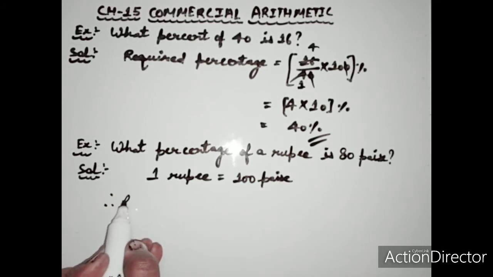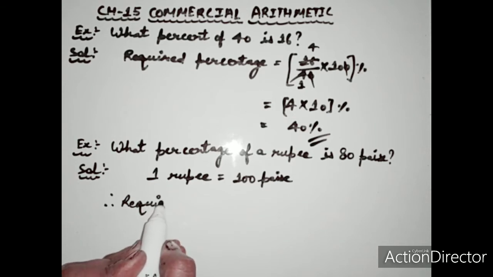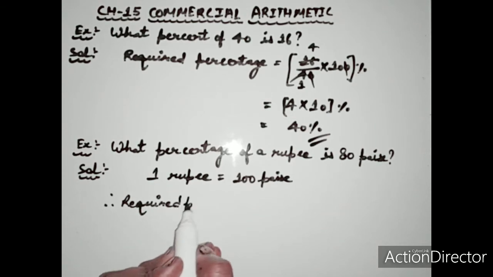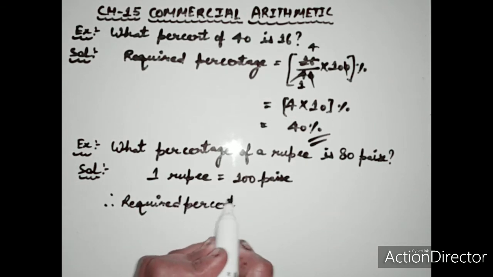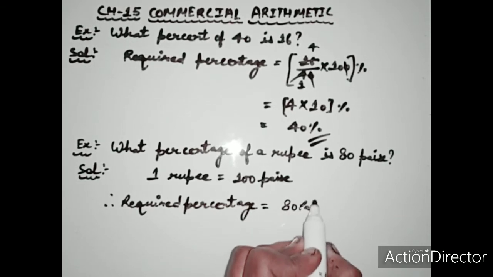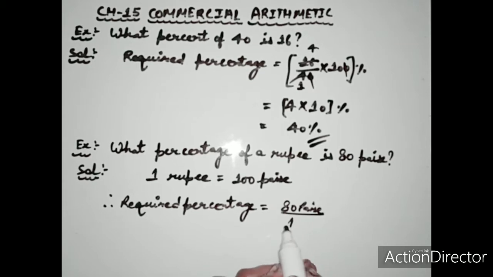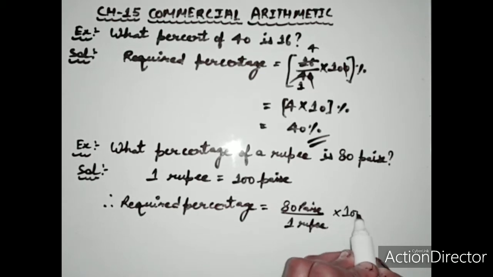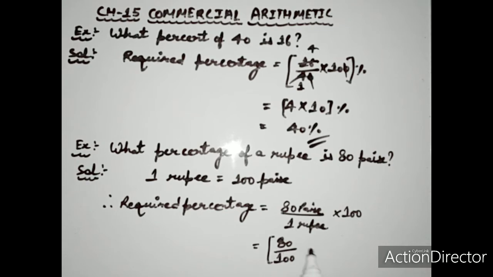Now required percentage equal to 80 paise upon 1 rupee multiplied by 100. Now we write 80 upon 100 multiplied by 100.